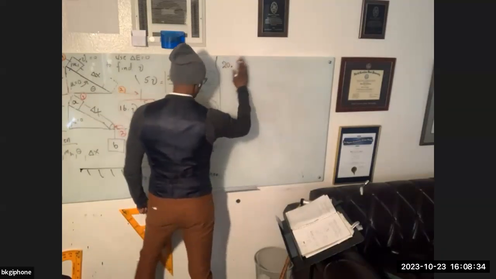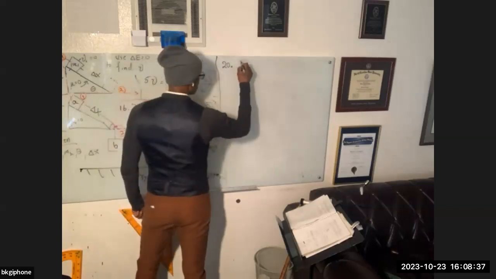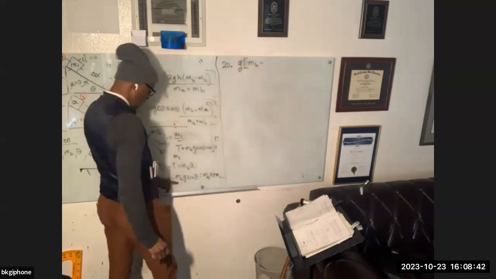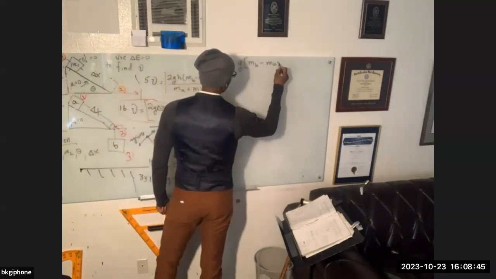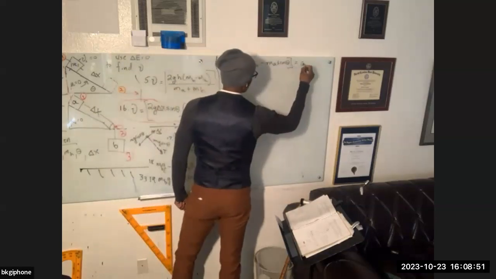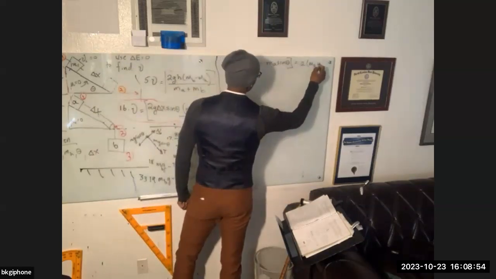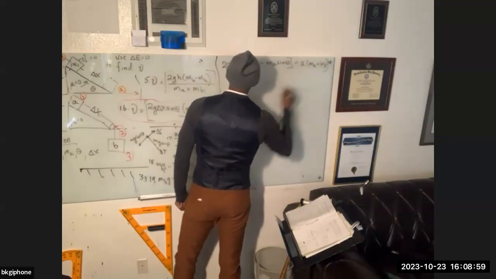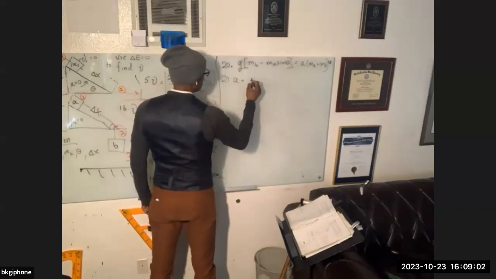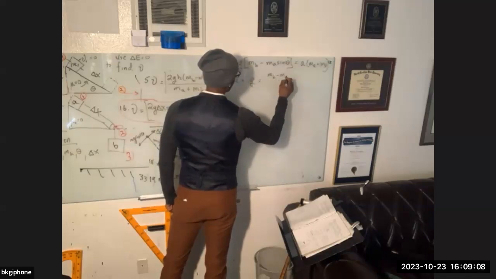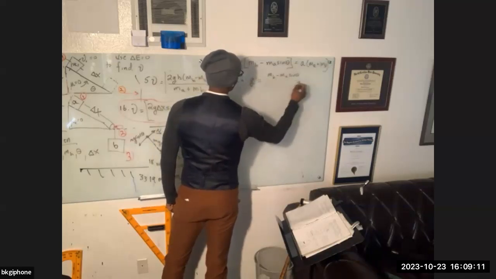I'm going to factor out a g from both of these, like I used to do. g times (m_B minus m_A) sine theta equals a times (m_A plus m_B). So that a is equal to g times (m_B minus m_A) sine theta over m_A plus m_B.